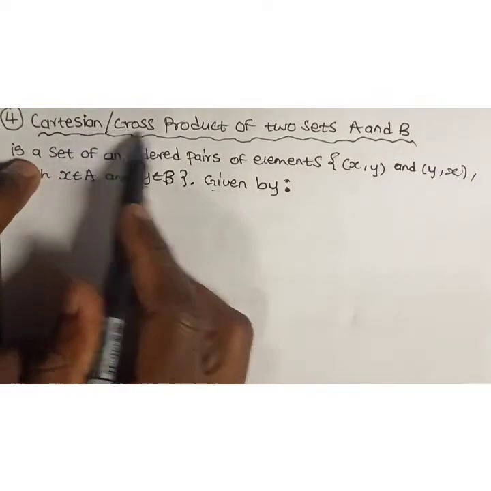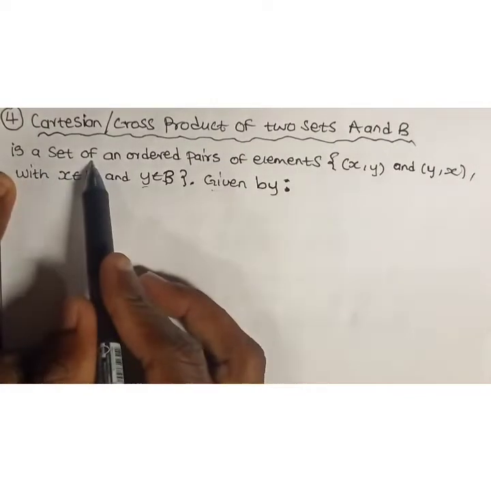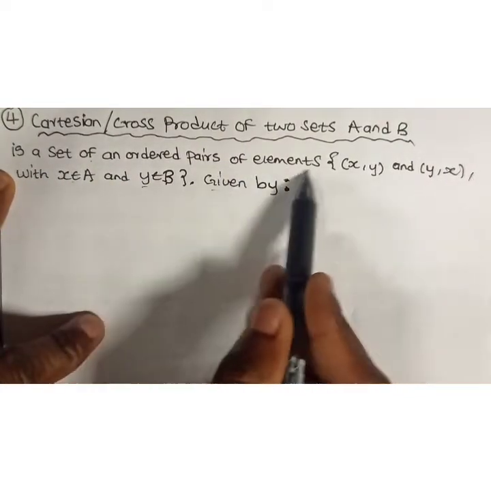Cartesian or cross product of two sets A and B is a set of ordered pairs of elements.